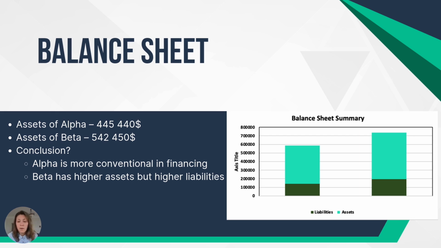However, Beta company also has higher liabilities, which means that it relies more heavily on debt financing than Alpha company. So in comparison, Alpha company appears to be more conservative in its financing approach, because it depends more on equity financing and maintains lower liabilities.